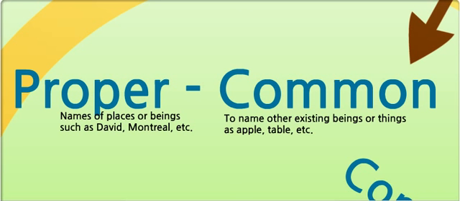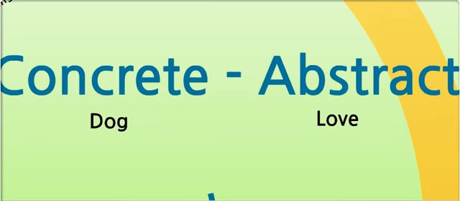We also have common nouns that are used to name the other existing things. We have table, we have cap, we have book, we have silla, for instance in Spanish, or computador. Those are common nouns.